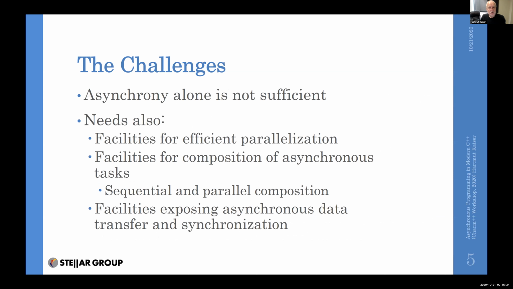Asynchrony is definitely one of the factors that can help improving the resource utilization of our machines, but it's not sufficient alone. We need also facilities for efficient parallelization, for efficient creation of threads, for efficient composition of asynchronous tasks, sequential and parallel composition, we will see that in a bit, and efficient synchronization between threads, and certainly facilities that give us the means of asynchronous data transfer between threads and between nodes.